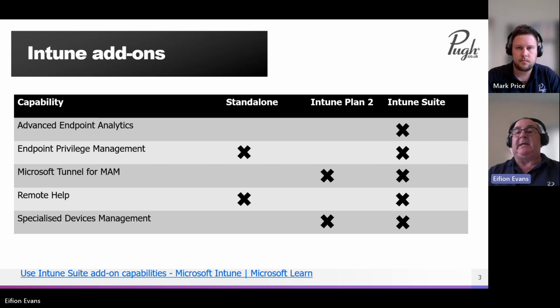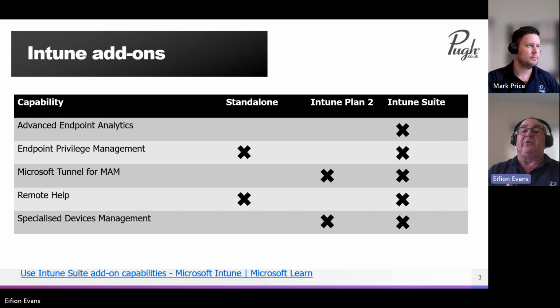Remote help is dependent on Azure AD, so you can only manage staff and students that are in your Office 365 tenancy. Because of Azure AD, it also allows the functionality of conditional access.